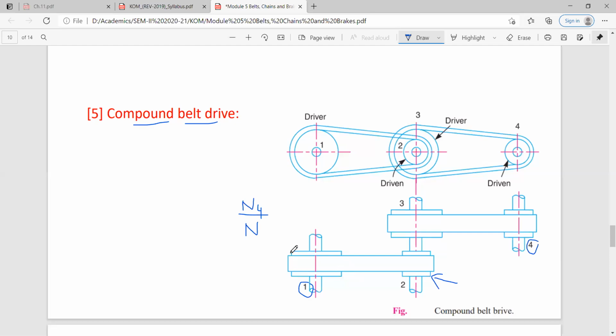So you can see that your driving pulley is larger here, and here it is the driven pulley. So obviously the speed of the driven pulley N2 will be greater than N1.